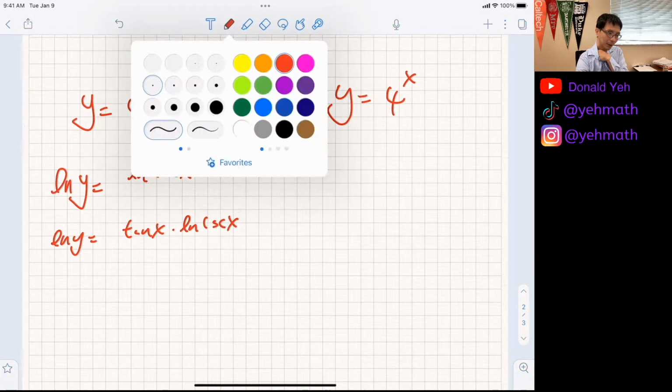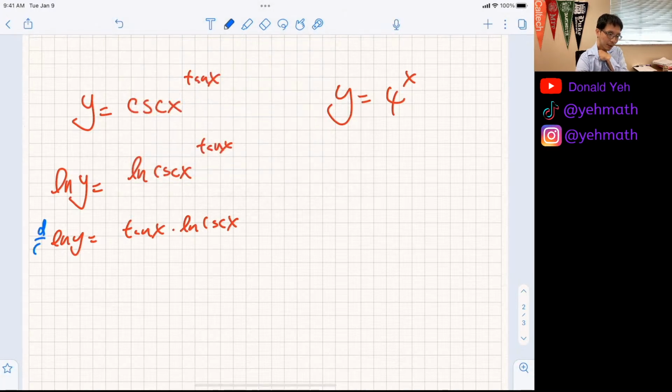Now I'm going to take a derivative of both sides. d/dx on both sides, so it's going to be y prime over y. What's the derivative of tan? Secant squared of x, times natural log of cosecant of x, plus what?